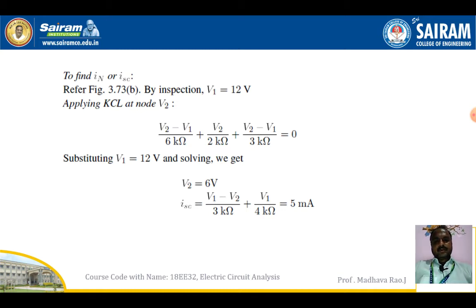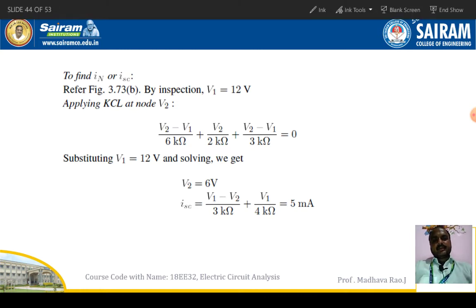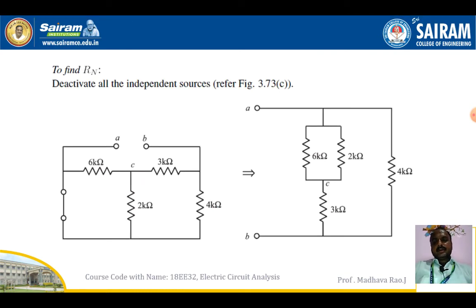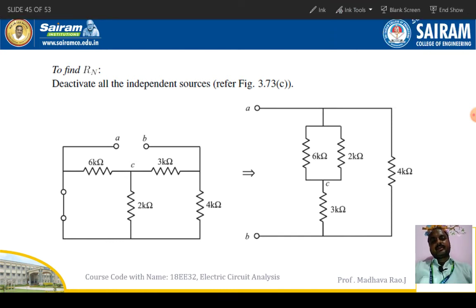So we have to substitute the V1 and V2 values in ISC. How we got this relation is by using the node analysis method. Then we have to find out Rn. Finding Rn is very similar to Thevenin's theorem.